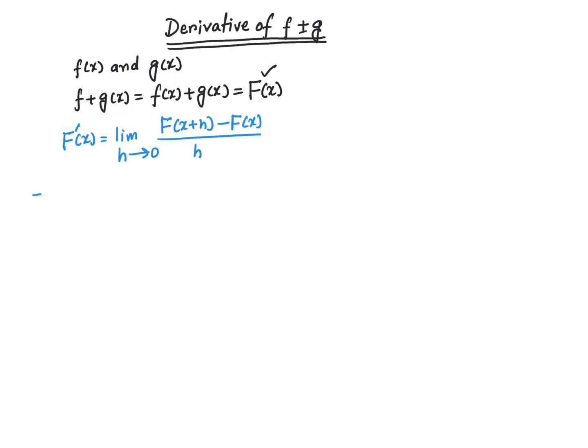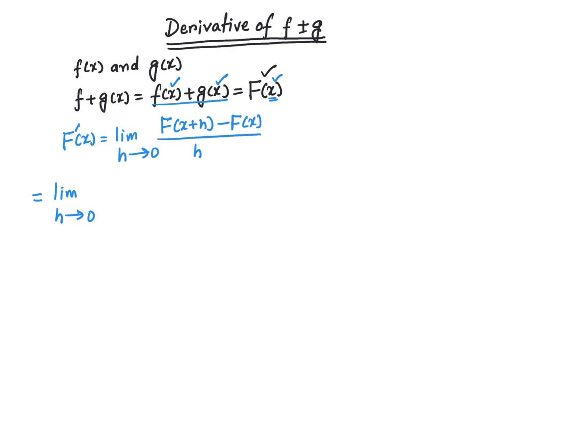So then I could write it as the limit as h approaches 0. Now F of x is equal to lowercase f of x plus g of x, right? Now x plus h means I'm going to have to replace x by x plus h here, here, and inside g as well.